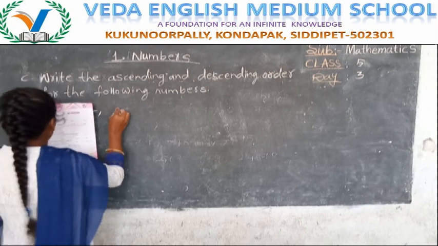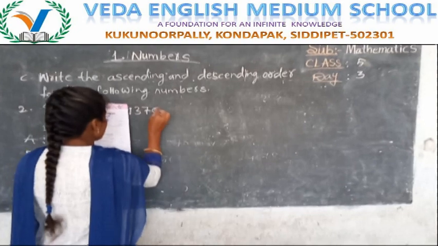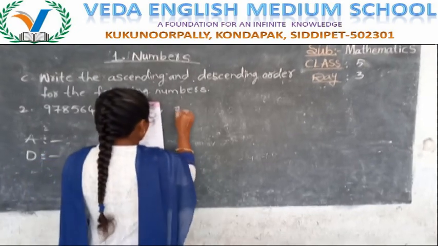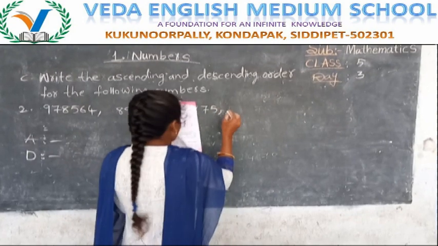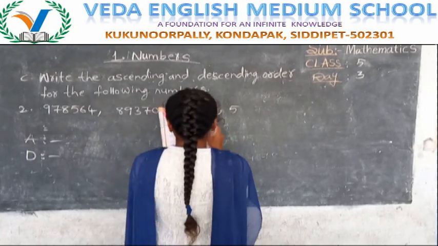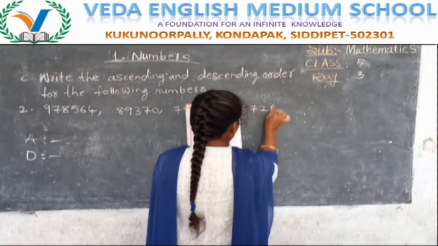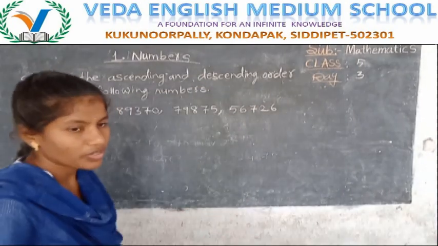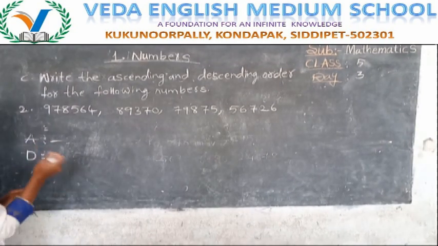Next 5, 8, 9, 3, 7, 0. 7, 9, 8, 7, 5. 5, 6, 7, 2, 6. Now for this also we have to write both ascending order and descending order.